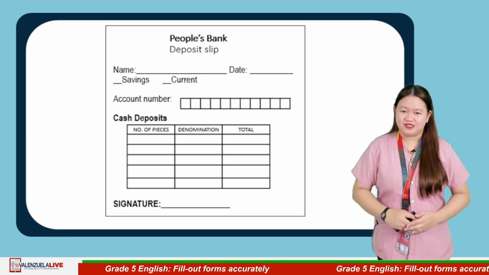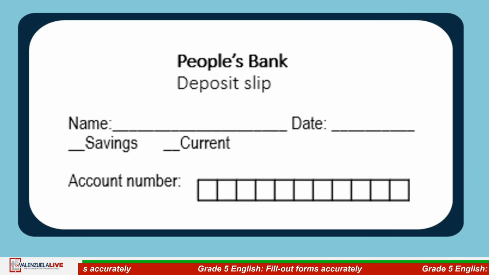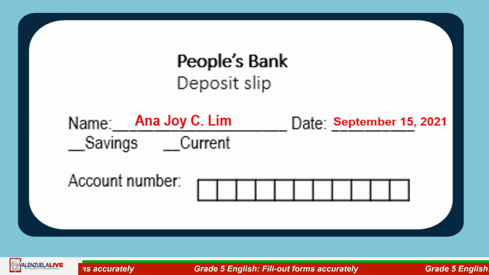Let's fill out this form. Let us first write the date. September 15, 2021. Write the account name. It's Anna's full name. Anna Joy C. Lim. Next, which type of account?